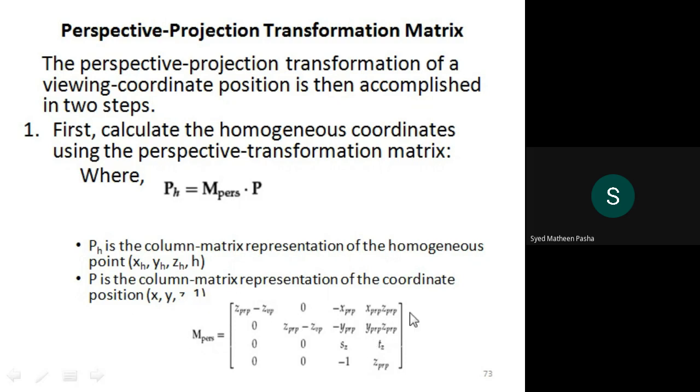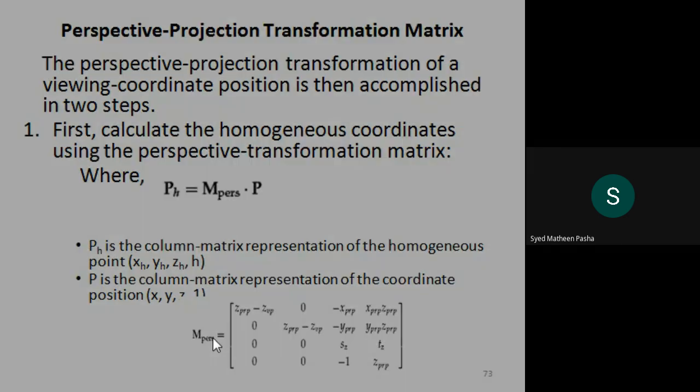So you can check here, the perspective projection matrix is a combination of all the three axes x, y, as well as z. So you can check each and every value is represented with respect to taking each and every coordinate value.